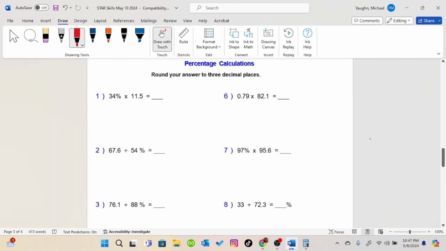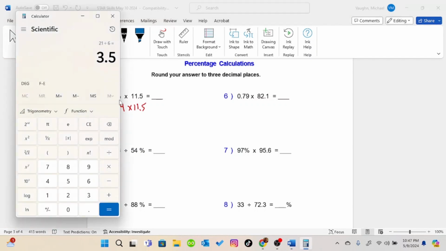Page 3, Percentage Calculations. Round your answer to 3 decimal places. So if we have 34% times 11.5, this would be 0.34 times 11.5.